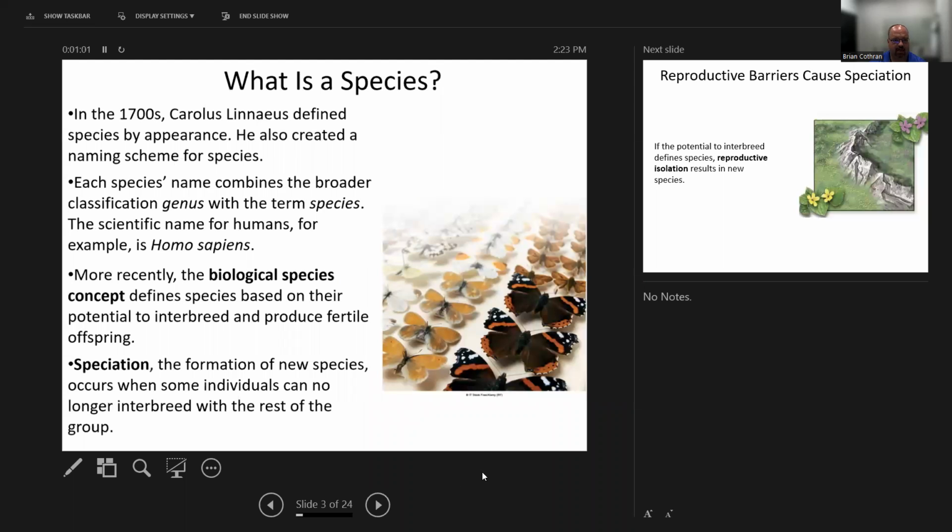So a species is defined by a gentleman named Carolus Linnaeus, and he created the binomial naming system for living things. Binomial meaning two names, the genus and the species. And it says here, for instance, the scientific name for humans is Homo sapiens.